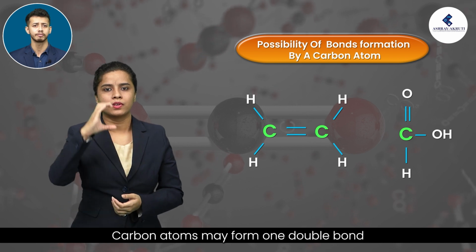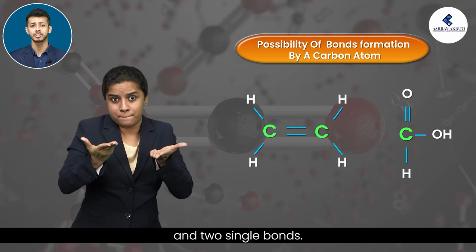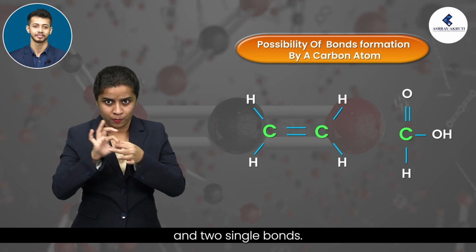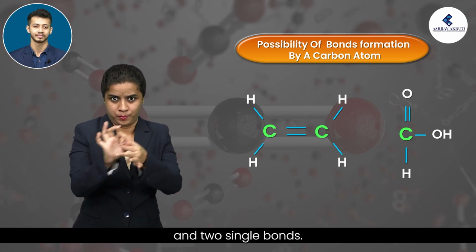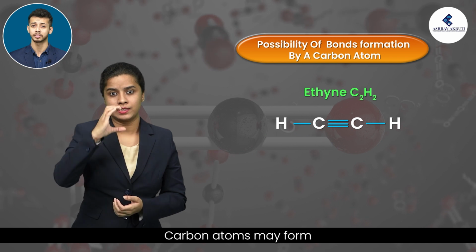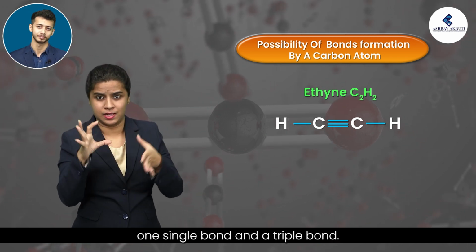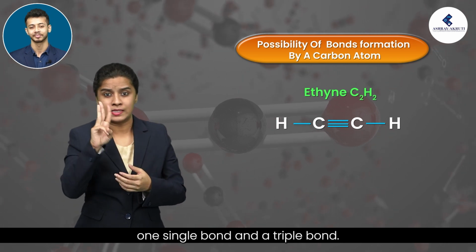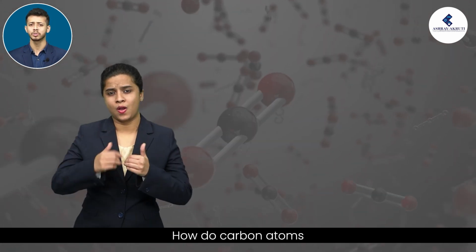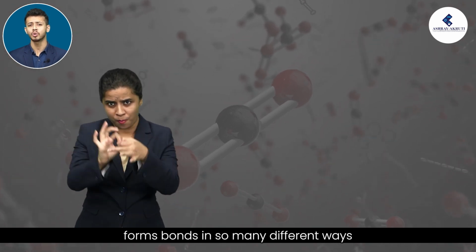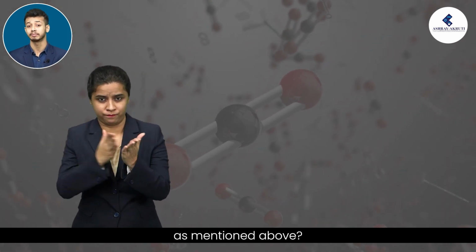Carbon atoms may form 1 double bond and 2 single bonds. Carbon atoms may form one single bond and a triple bond. How do carbon atoms form bonds in so many different ways as mentioned above?